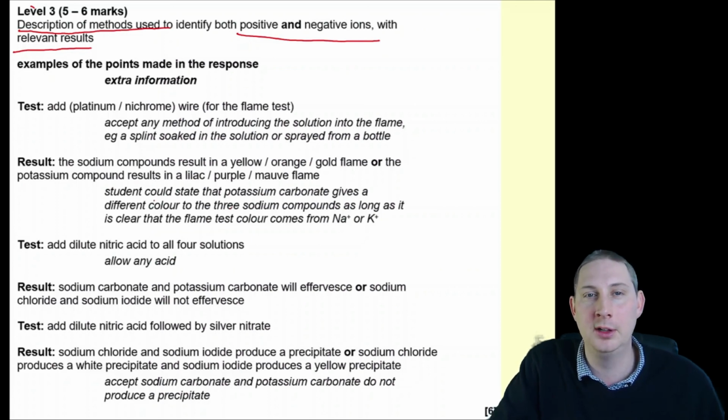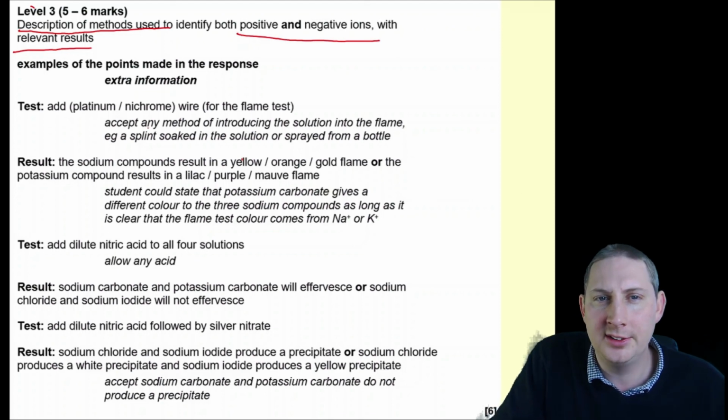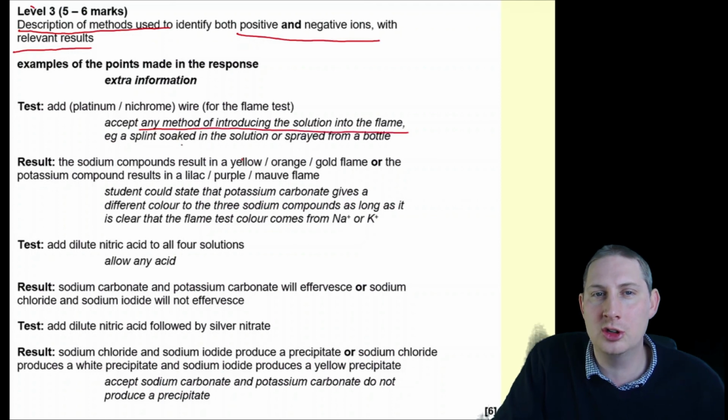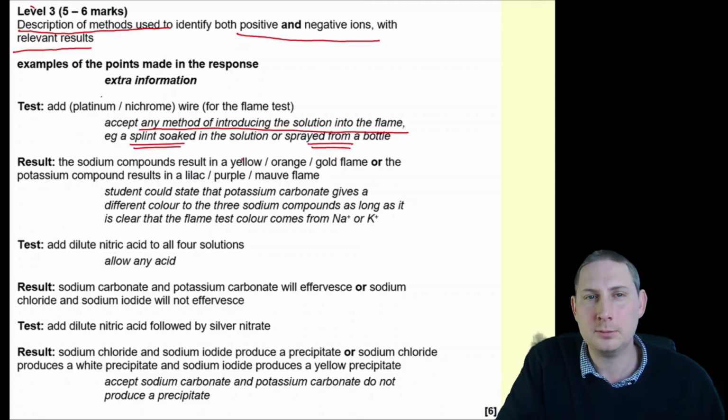For example, for the flame test, accept any method of introducing the solution into the flame. So you could talk about using a soaked splint, you could talk about spraying the solutions from a bottle, or you could talk about using a platinum or nichrome wire. But you've got to describe how you do the flame test.